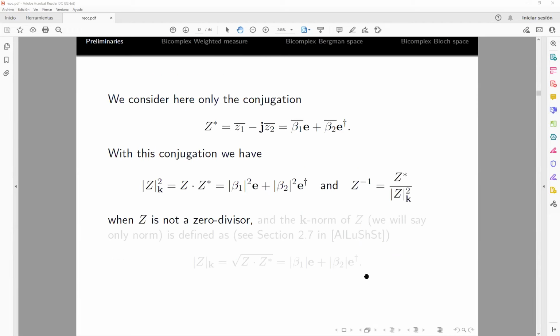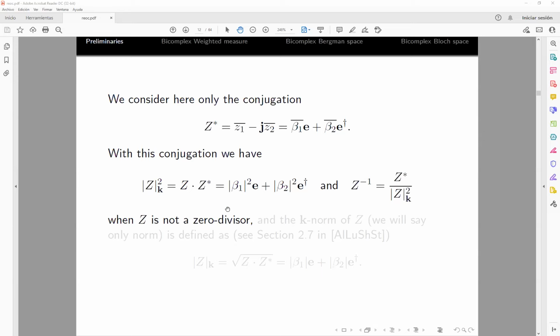Now, we will consider here only the conjugation z star. This conjugation can be written in idempotent form by conjugating each component, that is, conjugating beta 1 and beta 2.